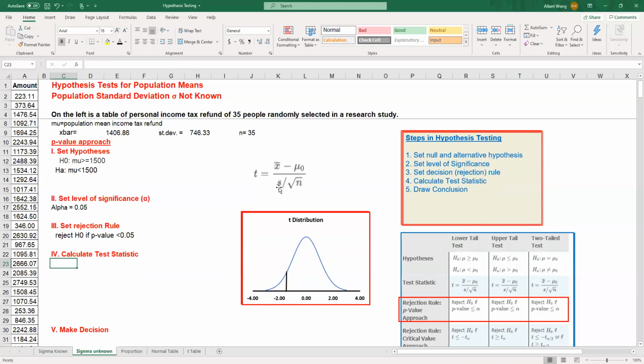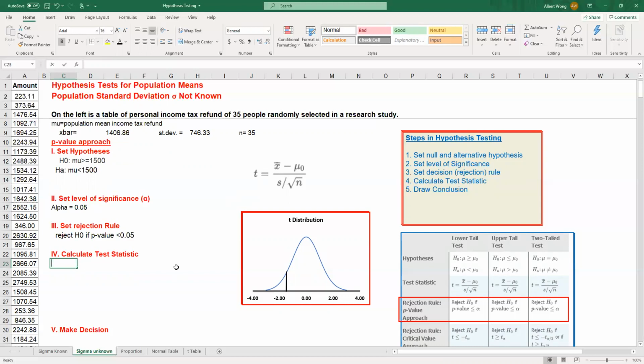So instead of sigma over square root n, we have S over square root n. Because of that substitution, the distribution we use is a t distribution, which has a degree of freedom. First, we need to recognize that we cannot use the normal distribution anymore. Second, we need to calculate the degree of freedom.